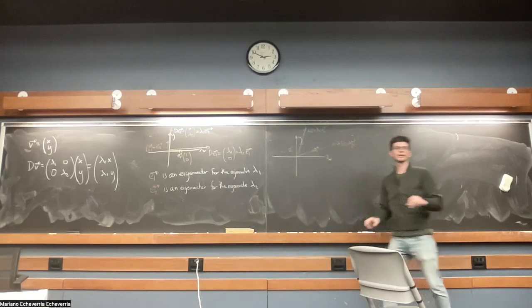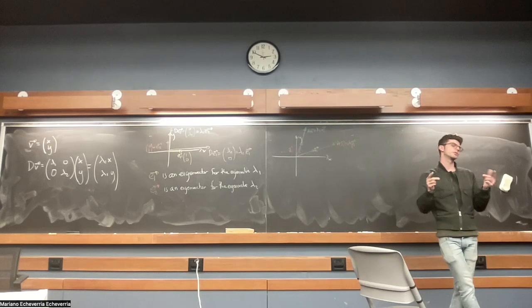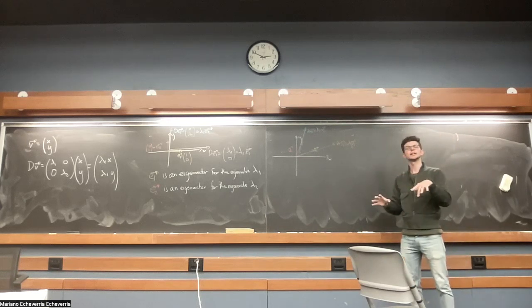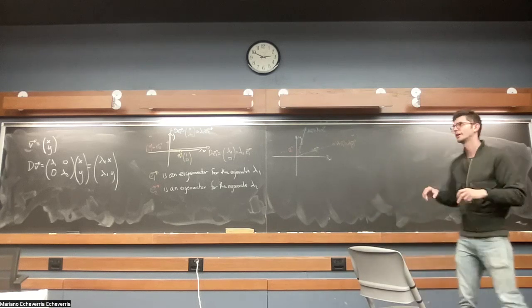It's just that these eigenvectors may no longer be pointing along the x and y axis, but you still have two linearly independent eigenvectors.